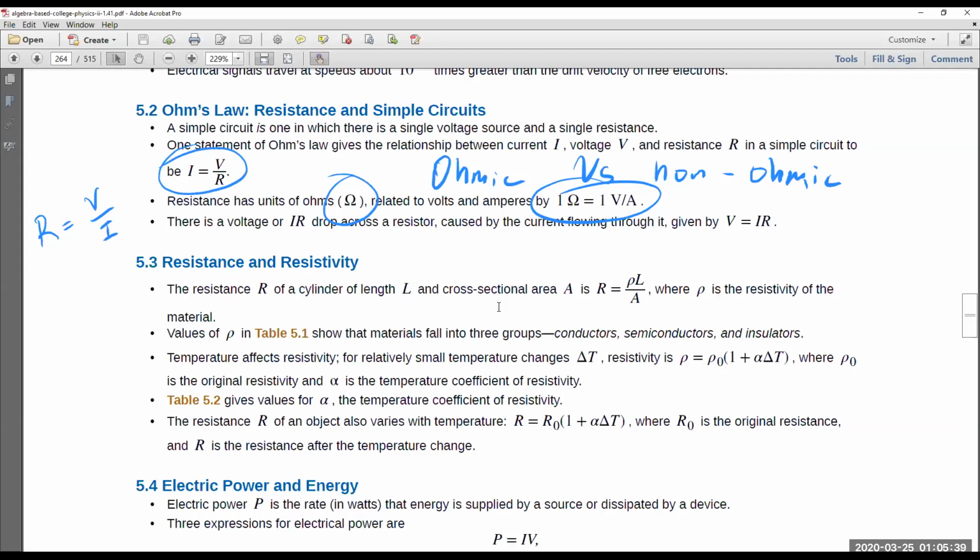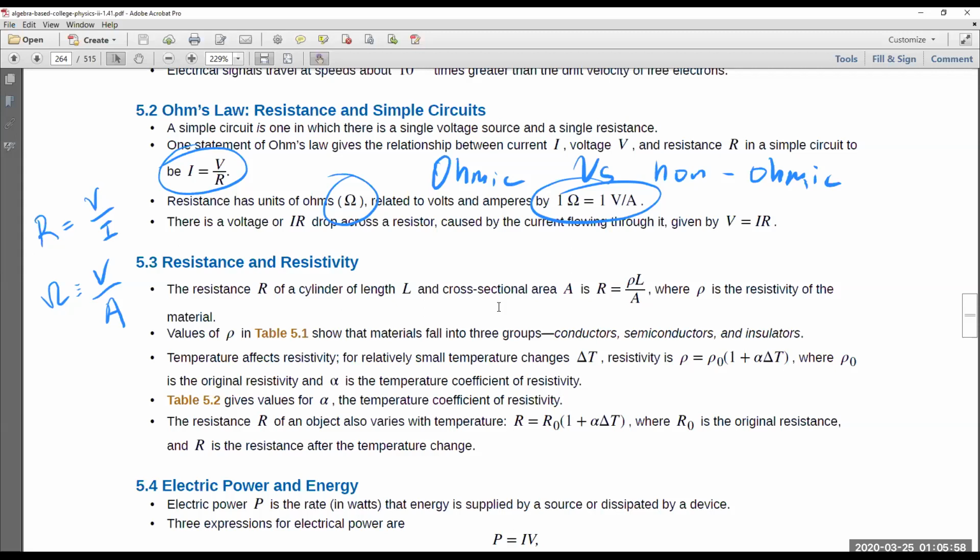So that means ohm, which is the unit for resistance, is equivalent to the volt, the unit of voltage, divided by the amp, the unit of current. And so you should be familiar with those units.